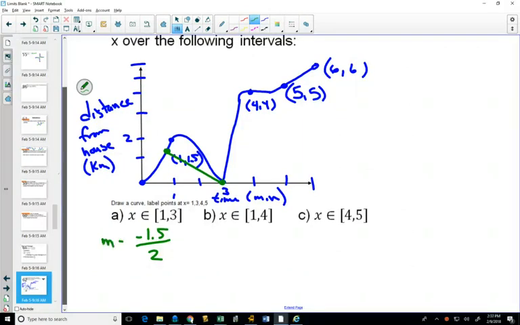So the slope of that line from 1 to 3 is negative 0.75, kilometers per minute, according to the units that we made up. It's actually not that unreasonable. If you multiply it by 60, that's around 90 kilometers an hour, which is pretty fast.